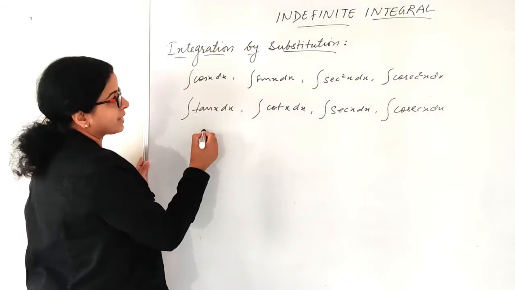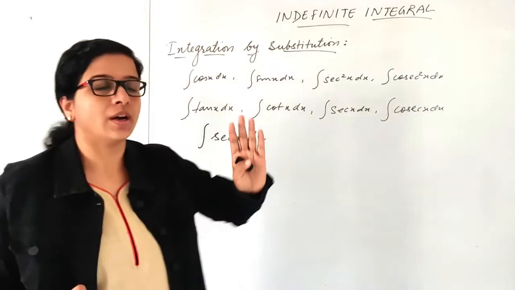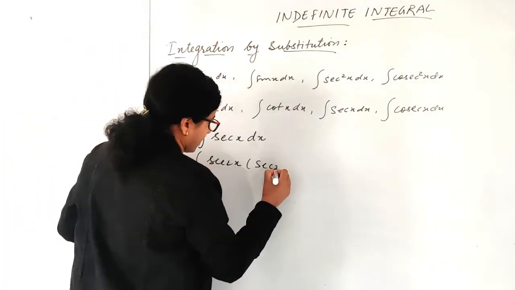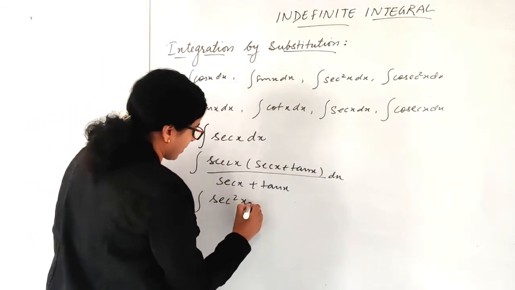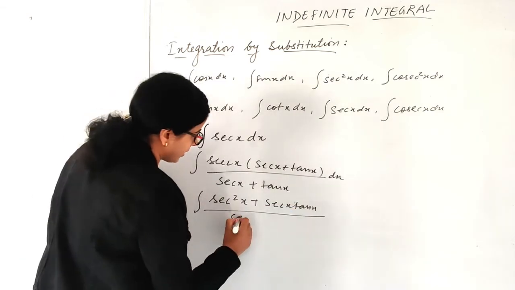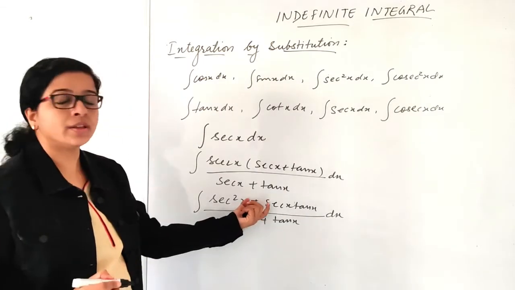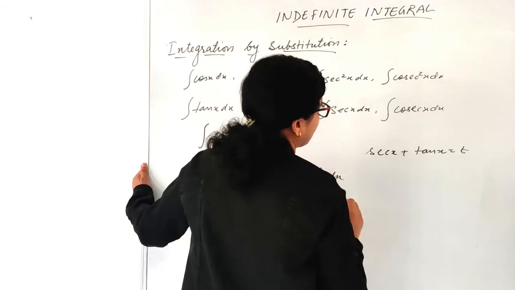Okay. So let us have a look at the integration of secant x dx, right? What we will do, we'll multiply by secant x plus tan x. Now in the numerator I'll get secant square x plus secant x tan x upon secant x plus tan x. Assume this as t. In the numerator I have its differential. Secant x plus tan x equals t.